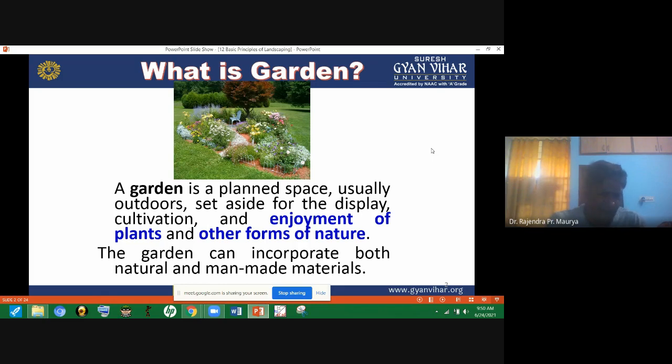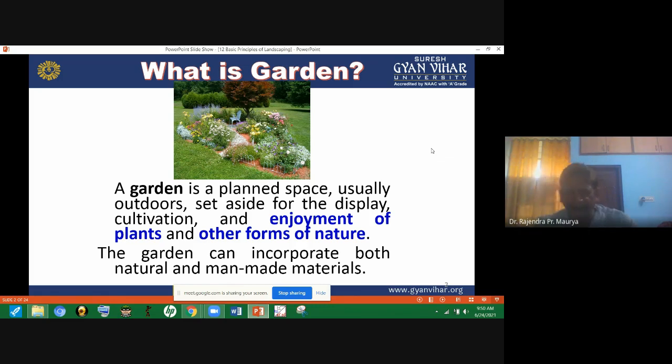So first thing, what is a garden? A garden is a planned space, usually outdoors, set aside for the display, cultivation, and enjoyment of plants and other forms of nature.